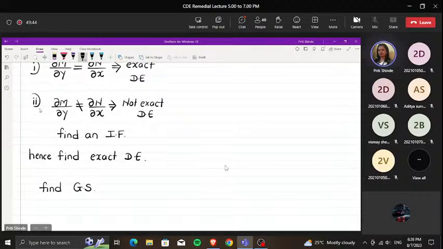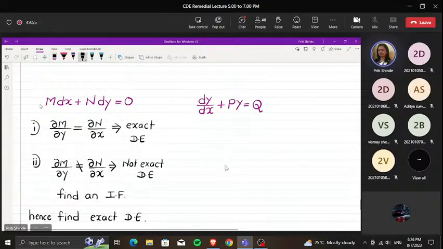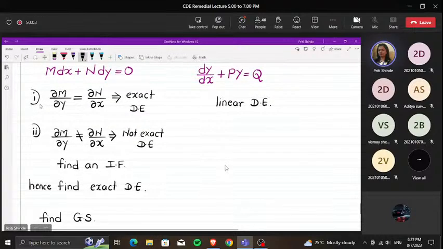Integration of m dx, treating y as constant. Integration from n, select only those terms which are free from x. Find your general solution. And here, this is a linear differential equation. So find directly your integrating factor.